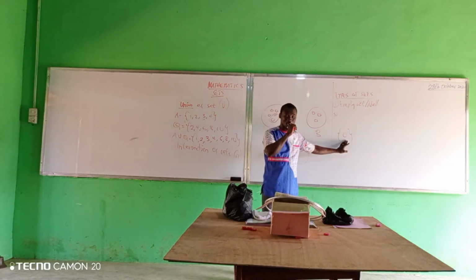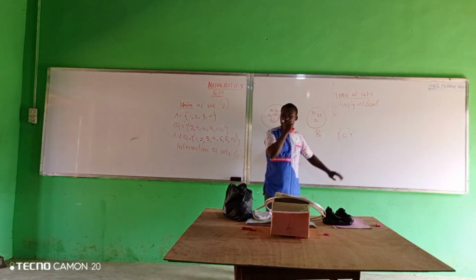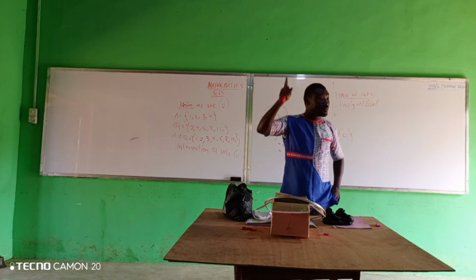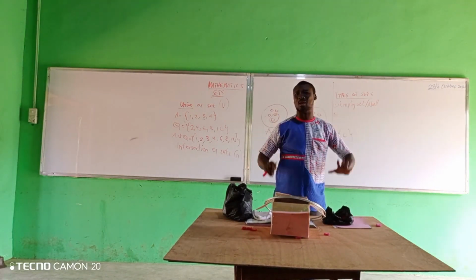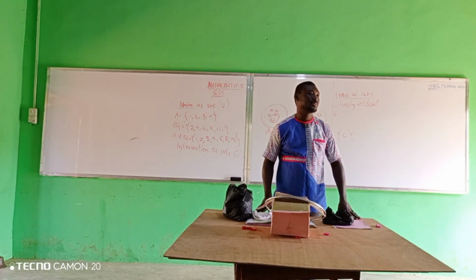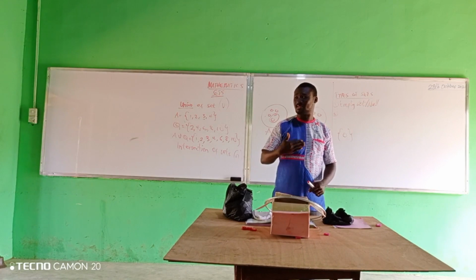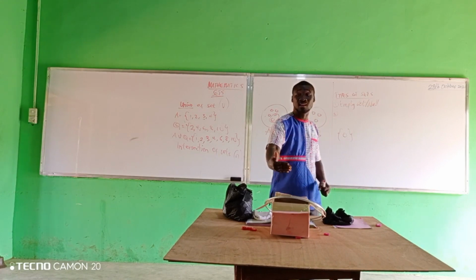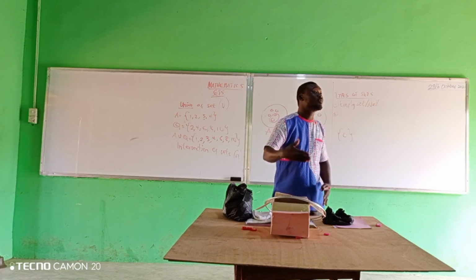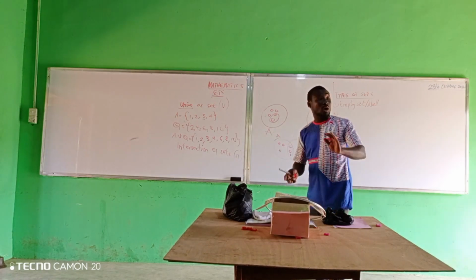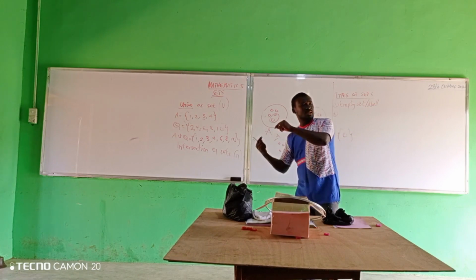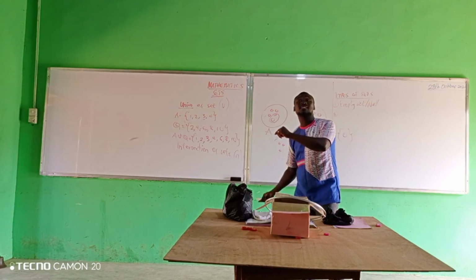Counting number? No. I always tell you, mathematics is progressional. Science is progressional. When you are in Form 1, you are going to need what you have learnt in Form 1.